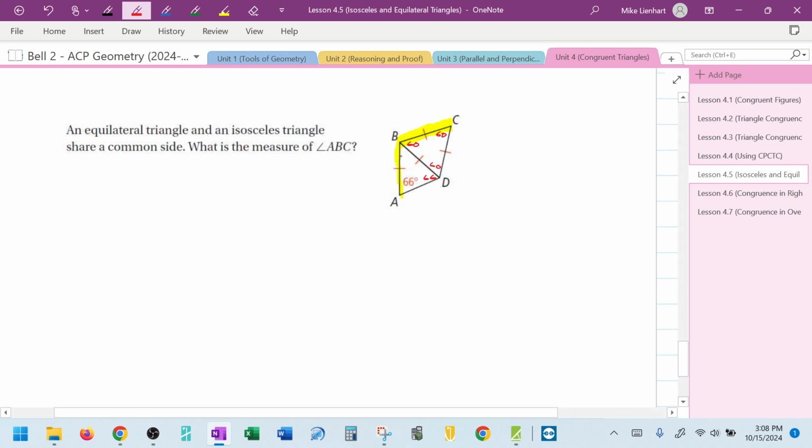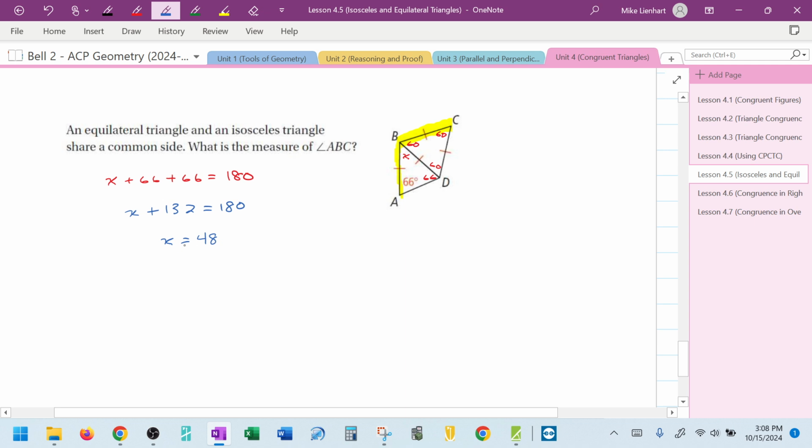I'm going to call it X, just so we have an X in there. I'm going to have X plus 66 plus 66 has to equal 180. Algebraically, I know X plus 132 is equal to 180. So that missing angle right there is going to be 48 degrees.